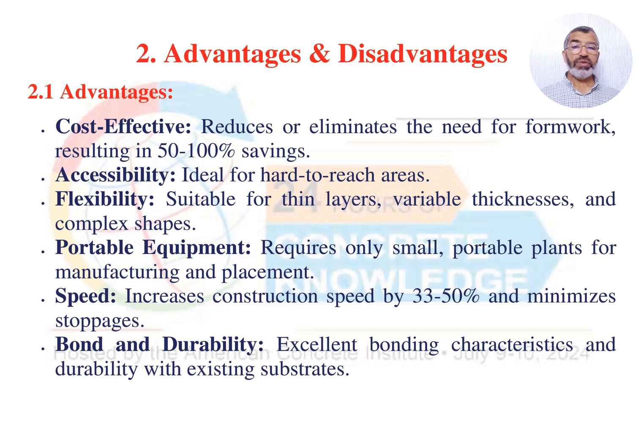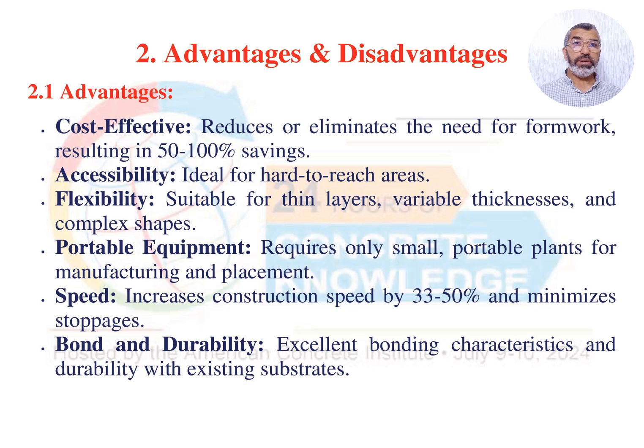Now going to the advantages and disadvantages of Shotcrete. The advantages: first, it is cost effective. The Shotcrete process reduces or eliminates the need for formwork, resulting in about 50 to 100% savings in cost.